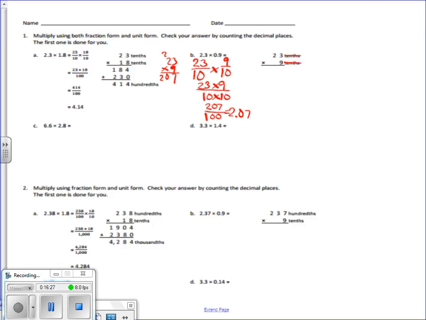I think it's too confusing. Please cross those out. I do want you to leave the numbers, obviously, and I want you to put those decimals back in there. I want you to practice multiplying with those decimals.